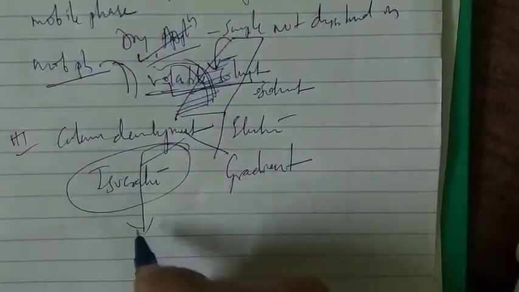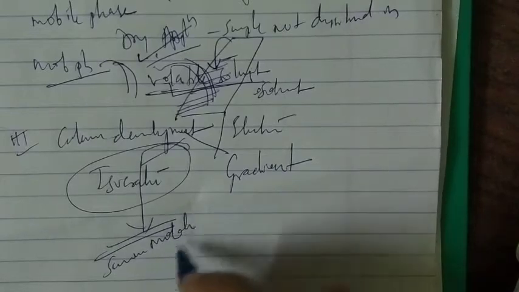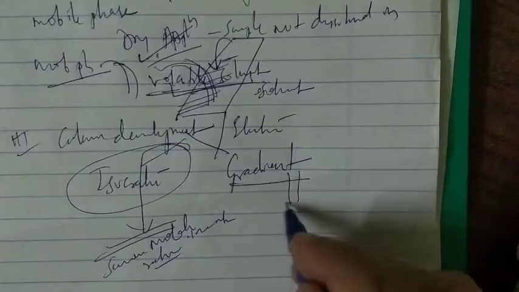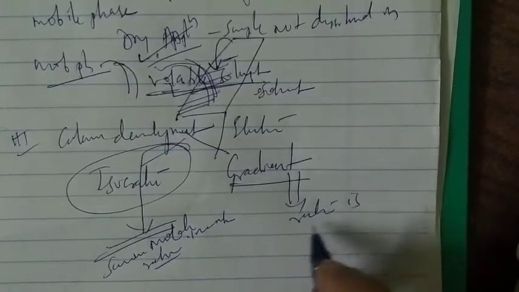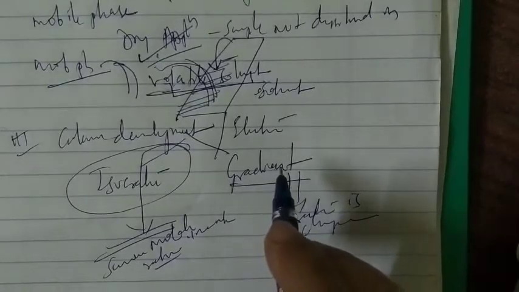Isocratic is where throughout the elution the same mobile phase ratio is maintained and not changed. But in gradient the ratio is changed two or three times, more than once. The ratio of the mobile phase is changed here.